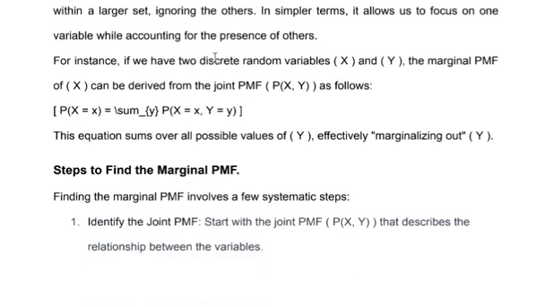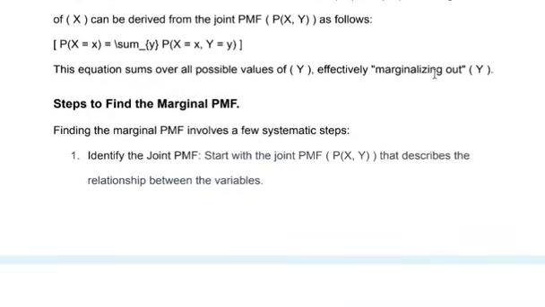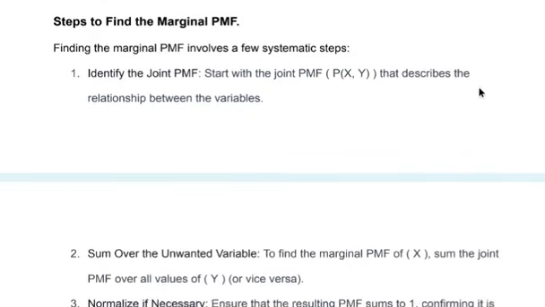For instance, if we have two discrete random variables, X and Y, the marginal PMF of X can be derived from the joint PMF, p_{X,Y}, as follows: p_X(x) = Σ_y P(X = x, Y = y). This equation sums over all possible values of y, effectively marginalizing out Y.